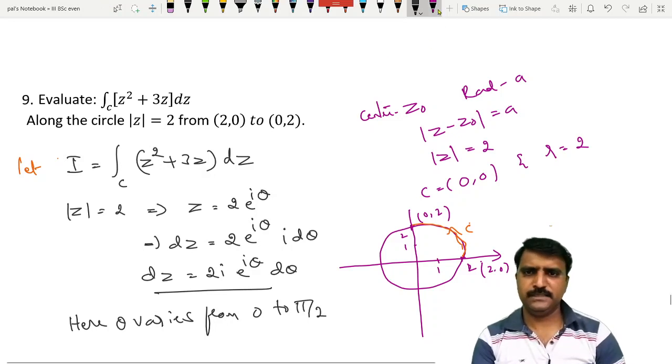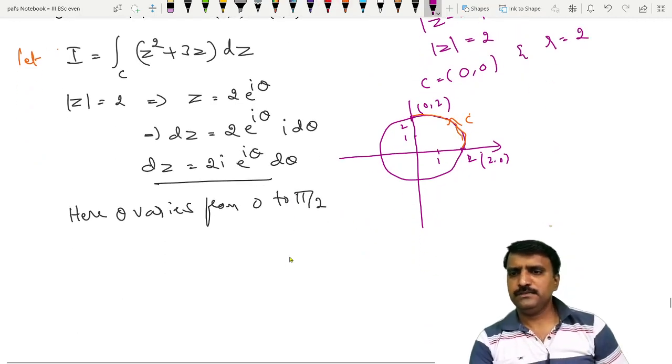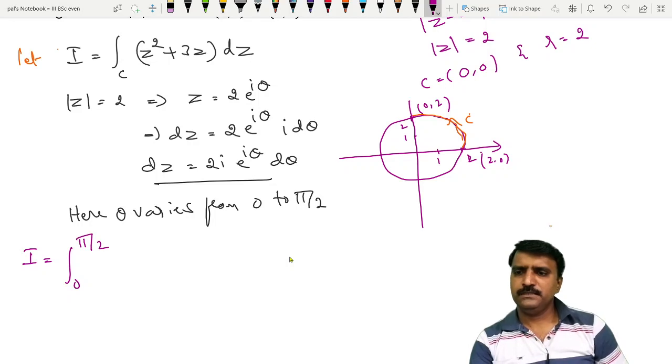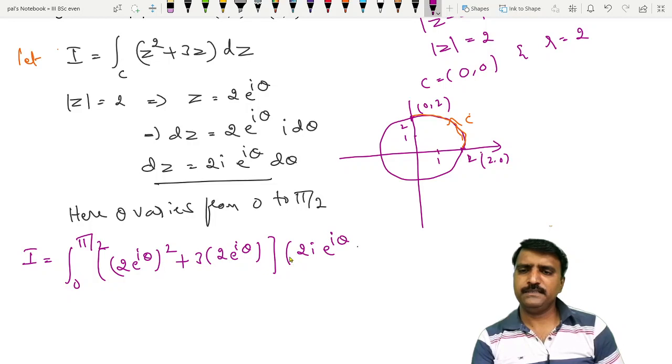Okay, so I'm just changing the pen. Now substitute all these here. I is equal to the integration from 0 to pi by 2 of z, which is 2 into e power i theta, whole square, because z square is there here, plus 3 into z, that is 2 e power i theta, into dz, which is 2i into e power i theta into d theta.